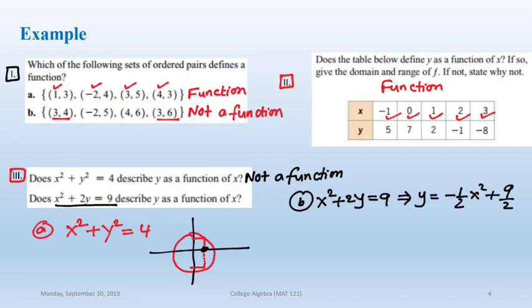And if you try to sketch the graph of this function, it is a downward facing parabola, like that. And now you can see that for every x value you choose, say for example this x value here, it has just one y value. That means yes, this is a function.